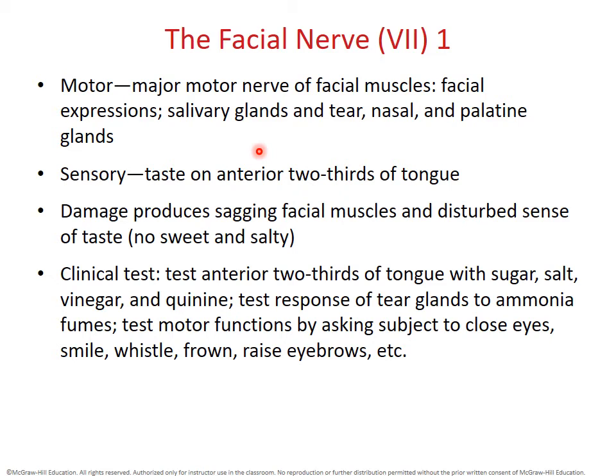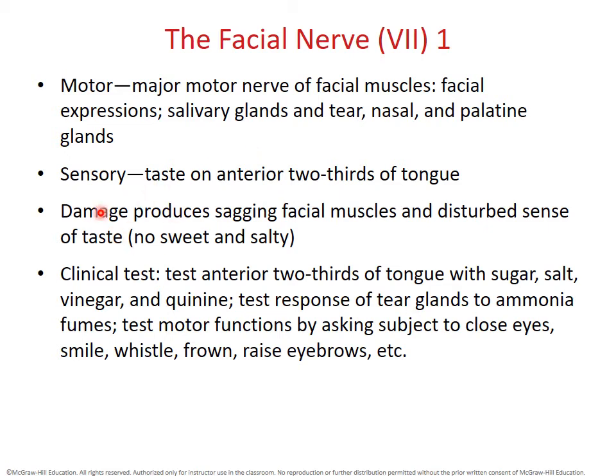The middle ear chamber is just behind the eardrum where the three ossicles are located, the malleus, incus, and stapes, those tiny vibrating bones that convey vibrations from the eardrum into the inner ear where they're sensed. The facial nerve passes through that cavity, and then continues on through the skull and actually passes out through a small hole just below the ear. And from there, it then spreads out across the face.